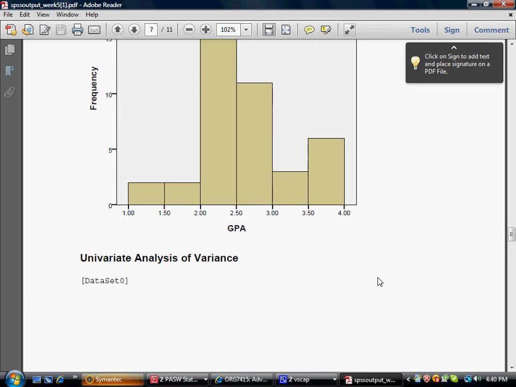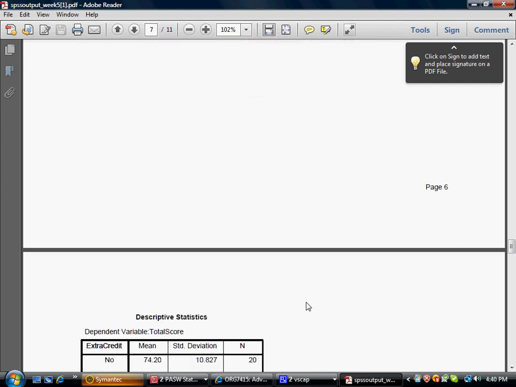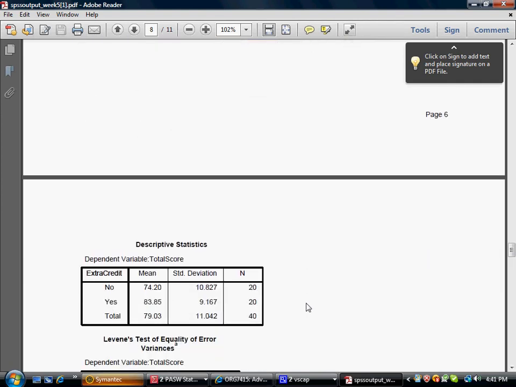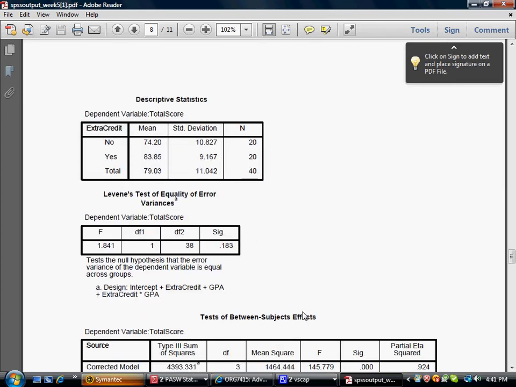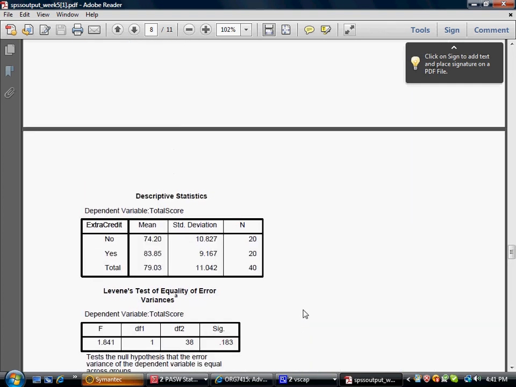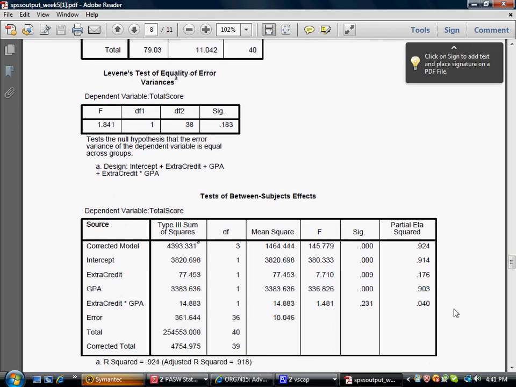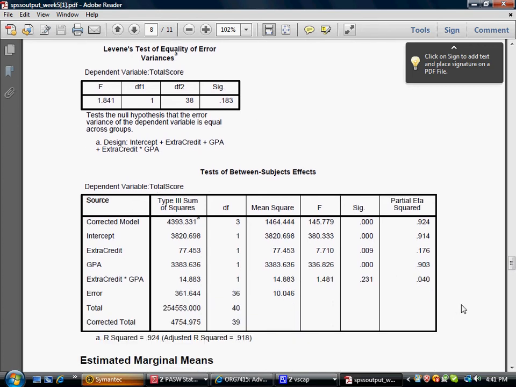Now here comes the key parts. There's 2 parts when we run an ANCOVA. Before we can run the actual ANCOVA, we have to make sure that the covariate and our independent variable don't interact with each other. So basically what we do is we run an analysis that looks a lot like the ANCOVA, but we're saying just check this interaction and see if it's significant.